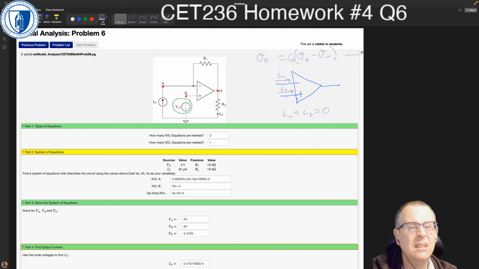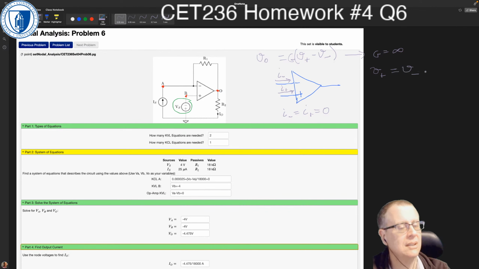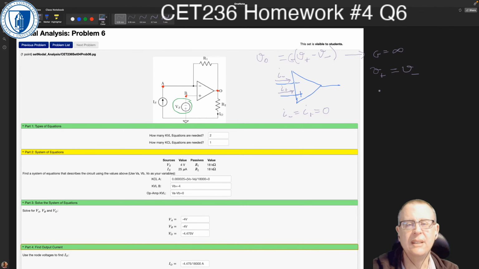And the ideal is that G equals infinity. What that says is that V plus equals V minus. So in this case that means VA equals VB, or VA minus VB is equal to 0, or VB minus VA is equal to 0. Maybe that's a better way to say it, because VB is the positive input here.